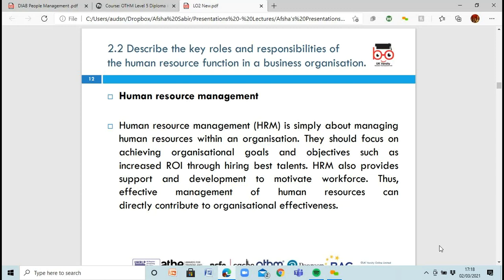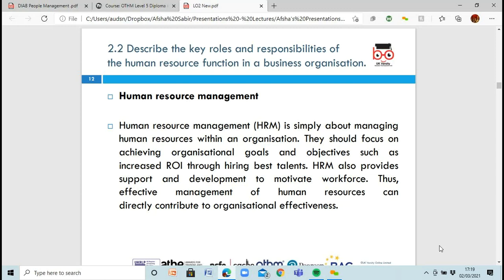So their main aim is they know what the goal is for the organization. They know that, for example, we want to sell X amount of product, and we'd like to make this much profit out of it. So they know what their targets are, and they're going to work at hiring the right people and actually developing the people within the organization to work towards it.